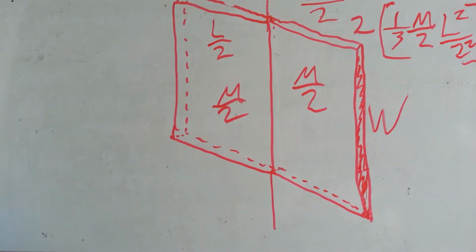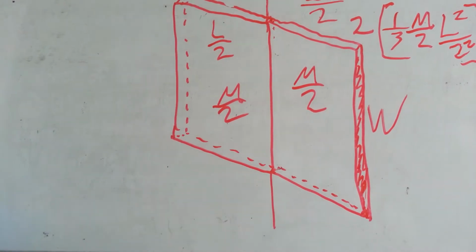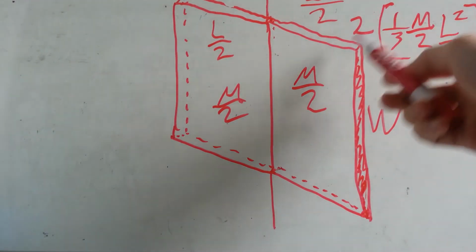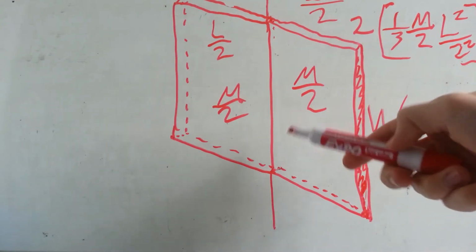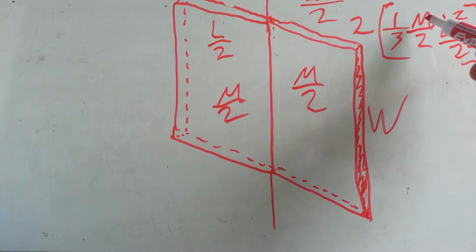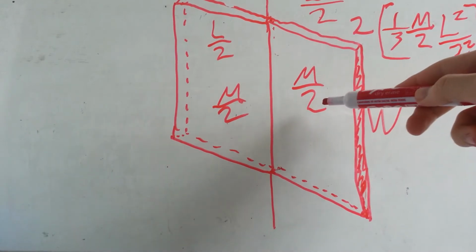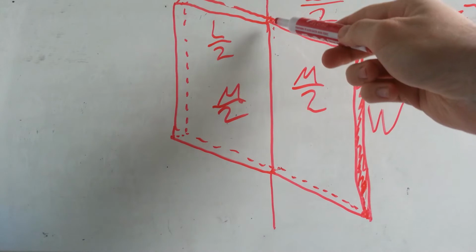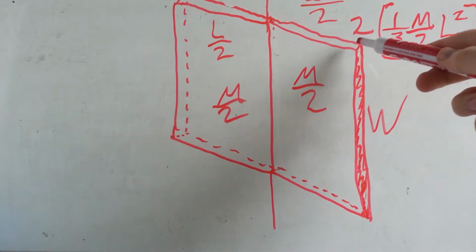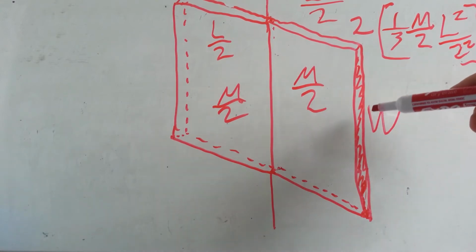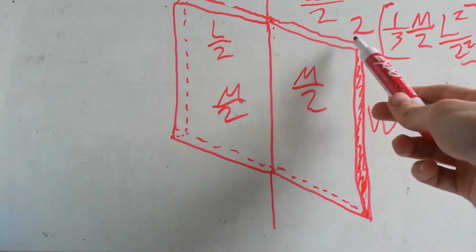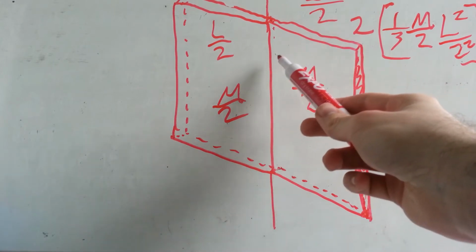Okay. So that wasn't that hard, because this is it. We found it. That's our answer. Ignore the 2 for a minute. Pretend we're finding it for just this one. We have 1/3 times the mass of this, which is m over 2, times the length, which is L over 2, and W doesn't actually matter. We care about how far it gets from the axis of rotation, right?